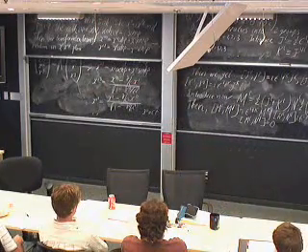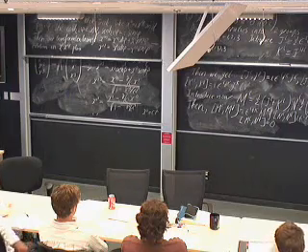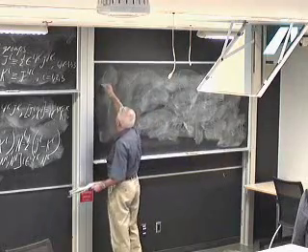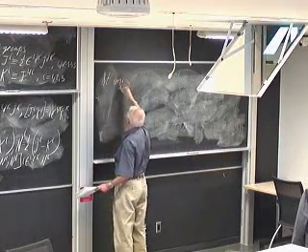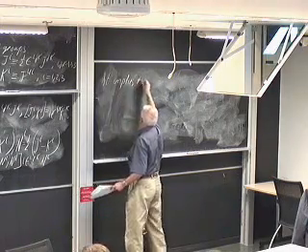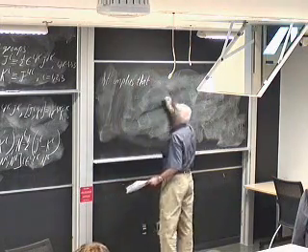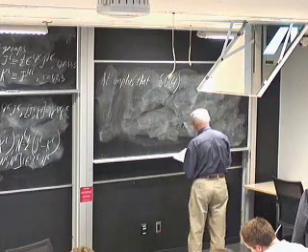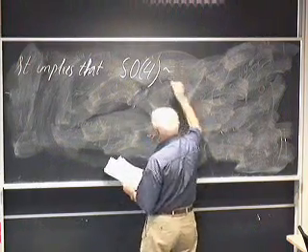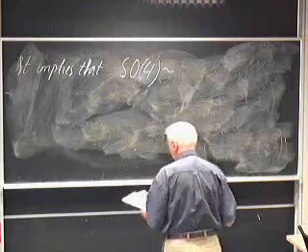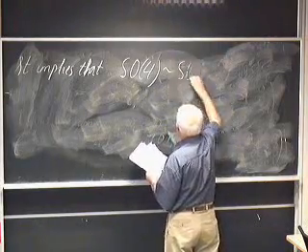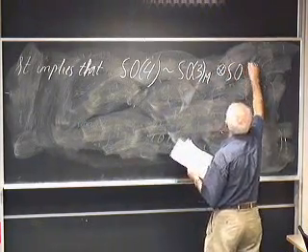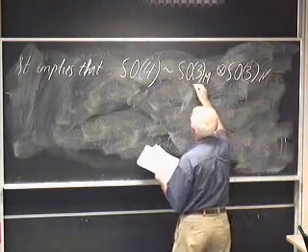Let me write. It implies that SO4 is a direct product of two rotational groups, one connected with M generators, the other connected with N generators.